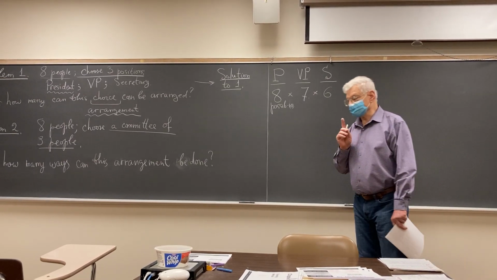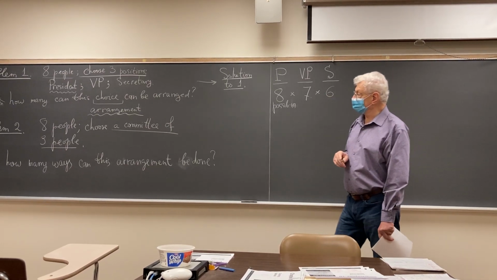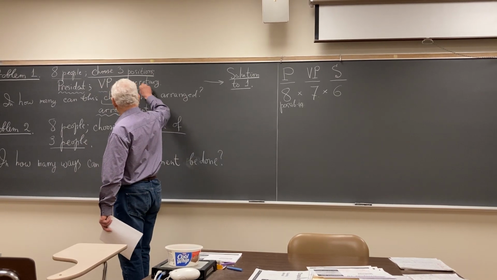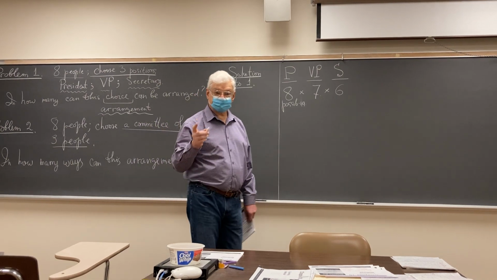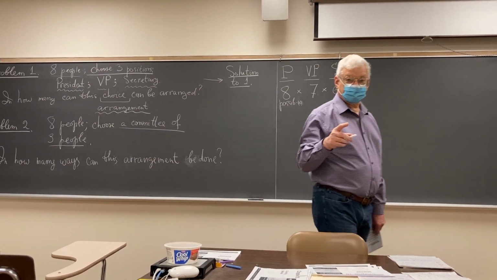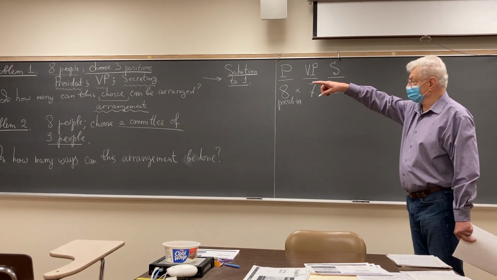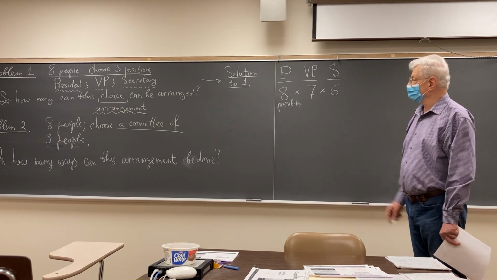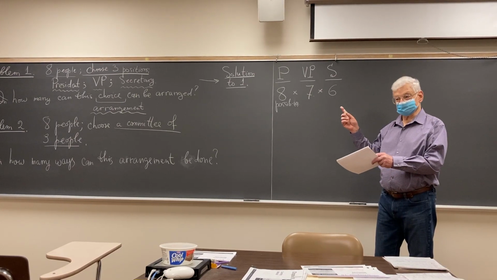What if they started choosing not the president first, but the vice president? In this case, the number of ways to choose vice president would be 8, then for the president 7, and for secretary 6. So the same numbers but in different positions.